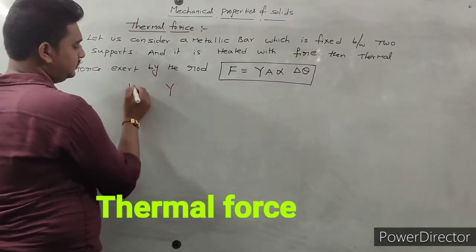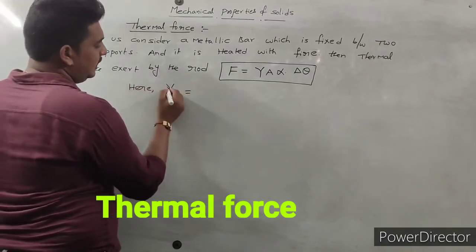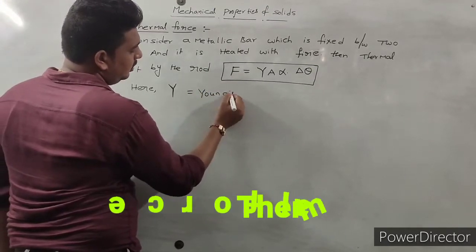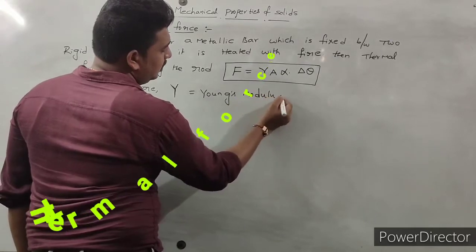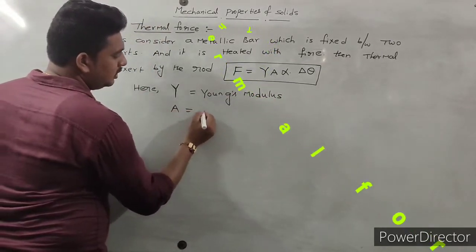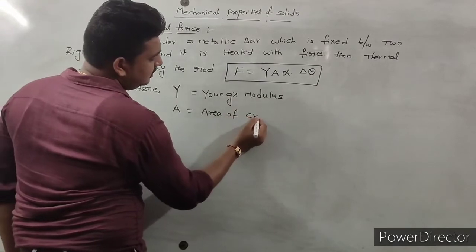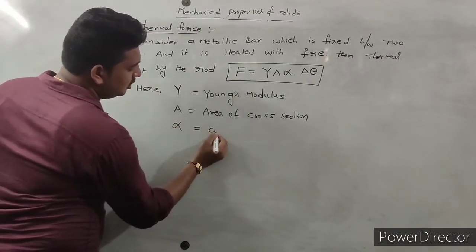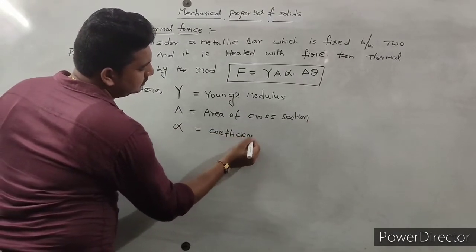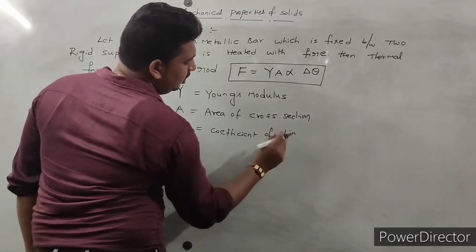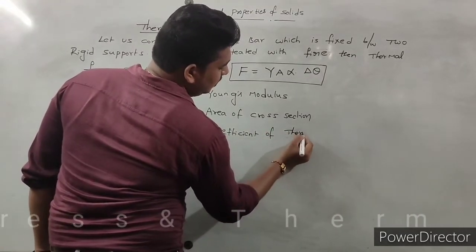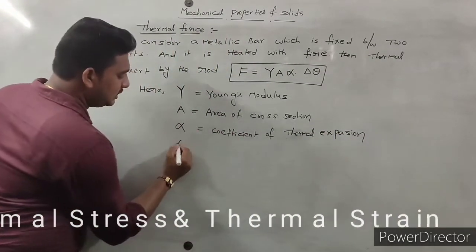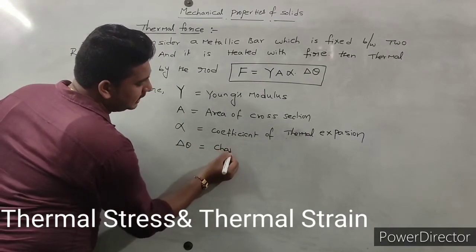Here Y means Young's modulus, A means area of cross section, alpha means coefficient of linear or thermal expansion, and delta theta means change in temperature.